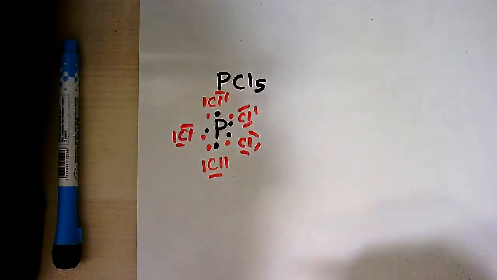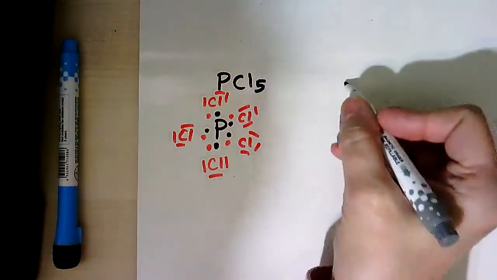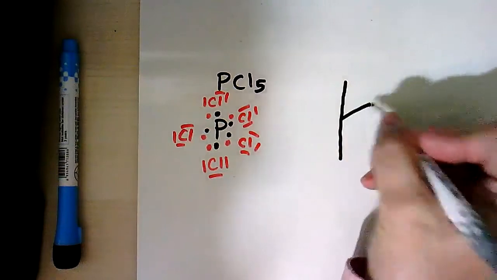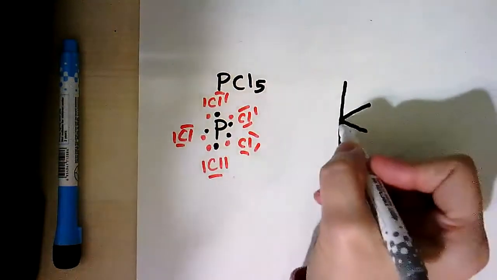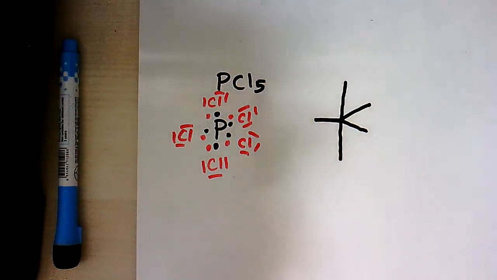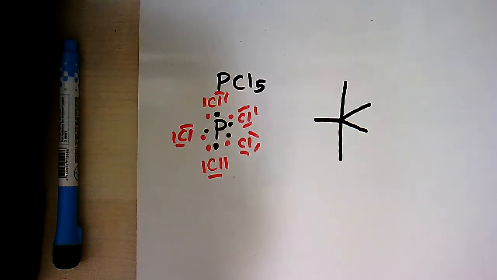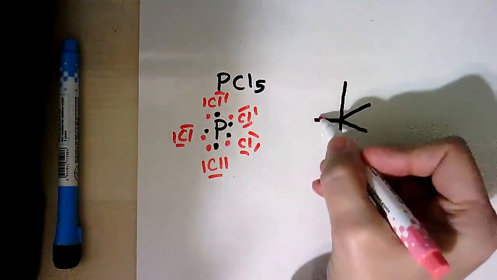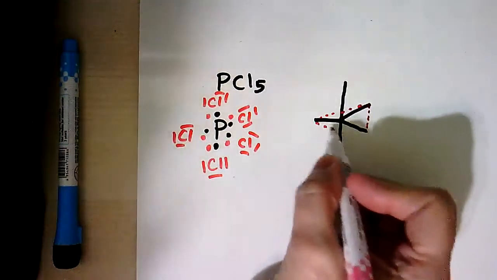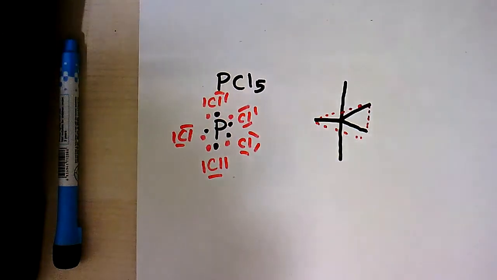To draw a trigonal bipyramidal, let's start by drawing a line and then drawing 3 lines that form a triangle in a plane. To see the triangle, I'm going to put in some guidelines here. You can imagine that if these 3 lines were connected, they would make a triangle.